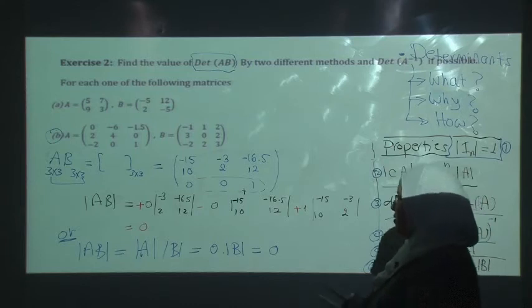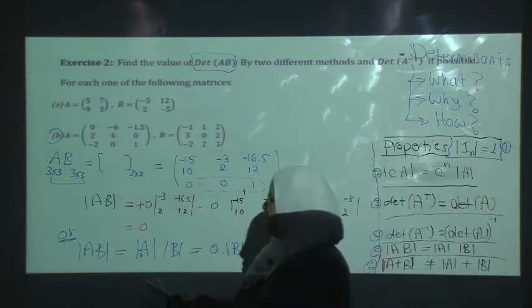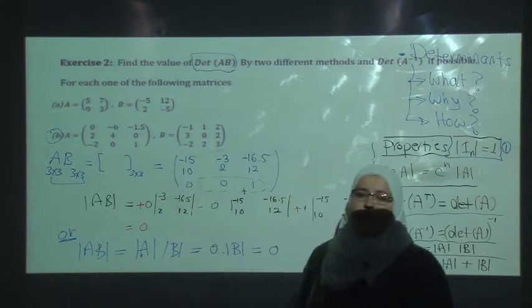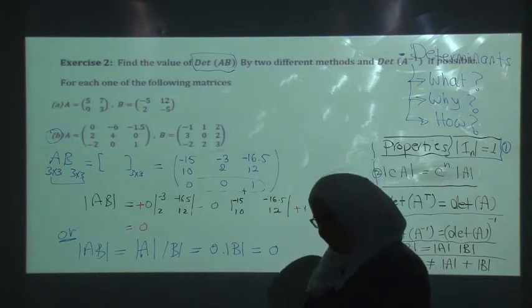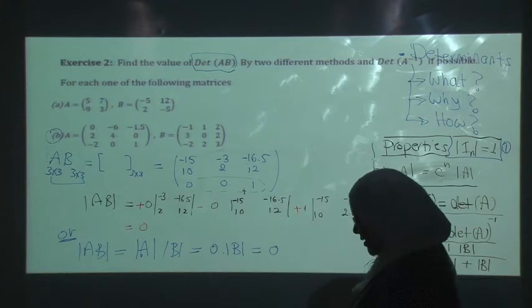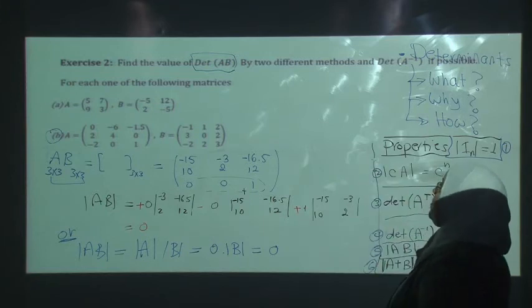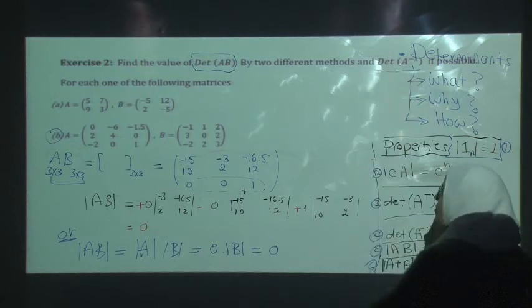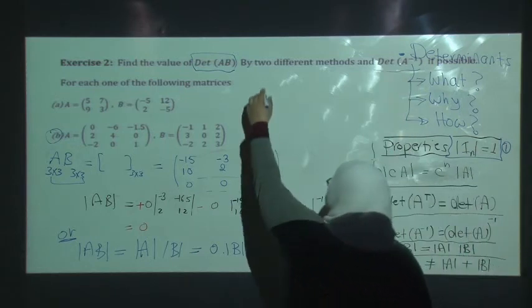So the determinant of AB is equal to 0, again with a different method. What does this tell us about the inverse, if we need to find the last requirement in this problem, which is the determinant of A inverse? How can we get it?